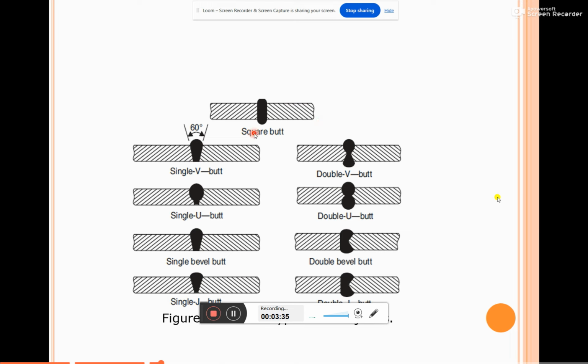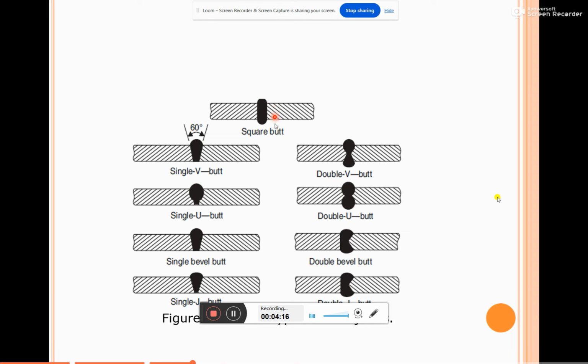The first one is the square butt. This is one of the very simple types of joint in the butt joint. The edges of the two pieces are square and butted directly against each other.